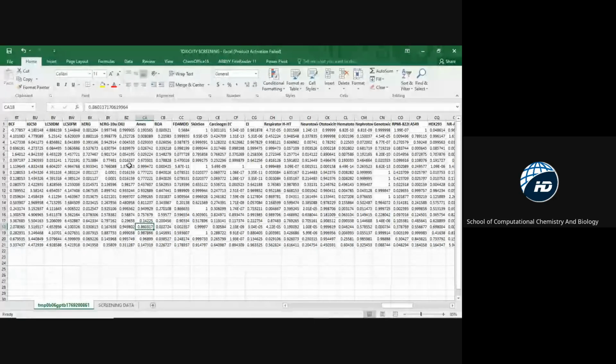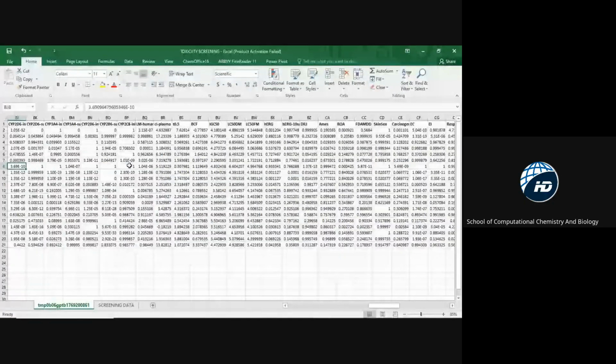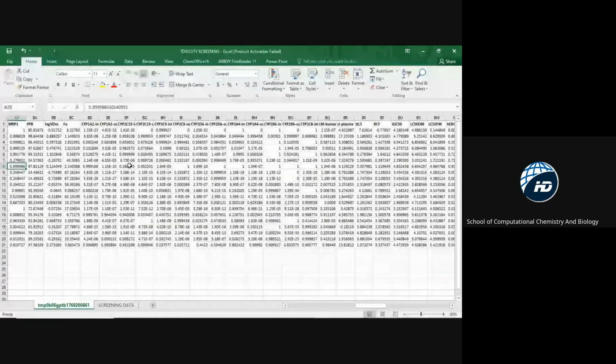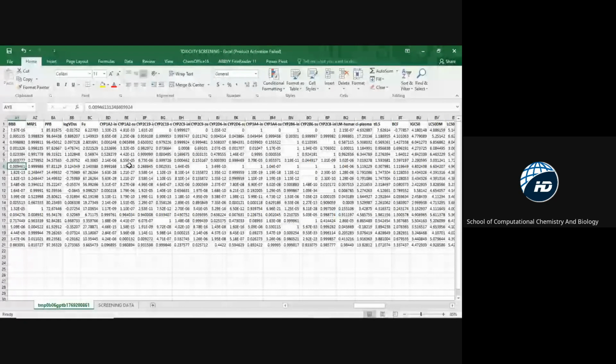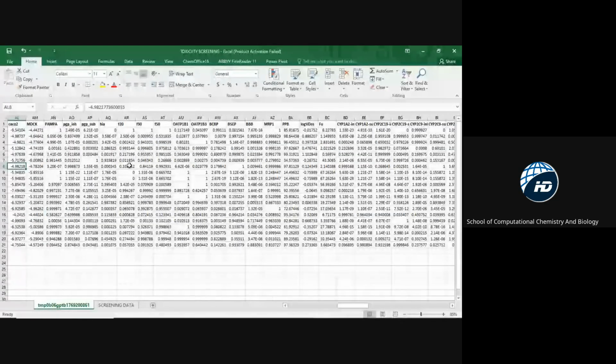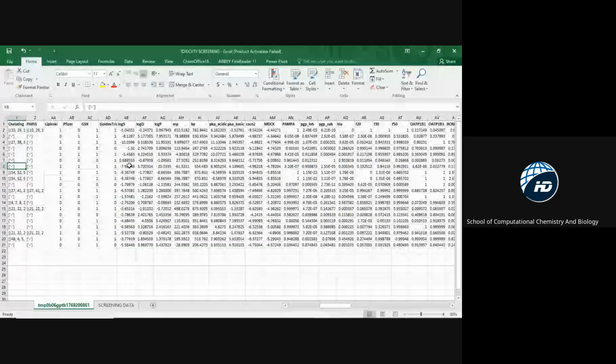So I'm going to make sure I have those 9 parameters here. Remember, this was the raw data we downloaded from ADMET, but ADMET may not have all the parameters we are looking for.